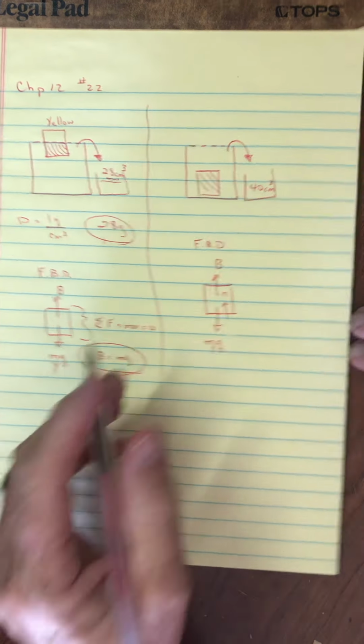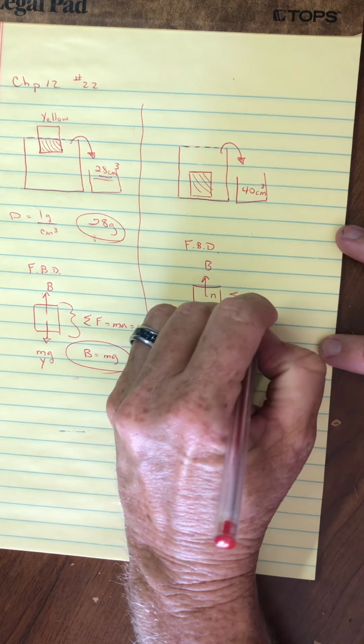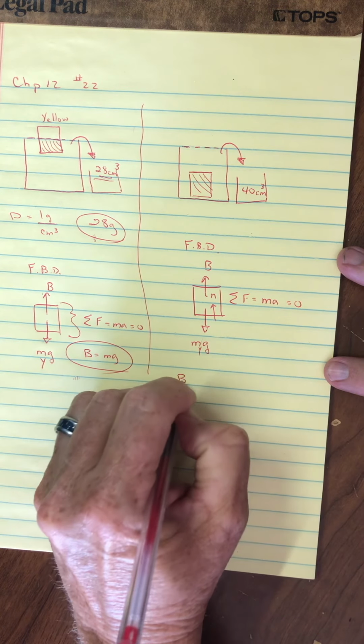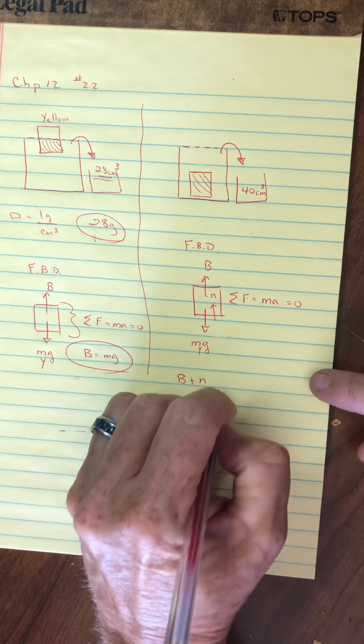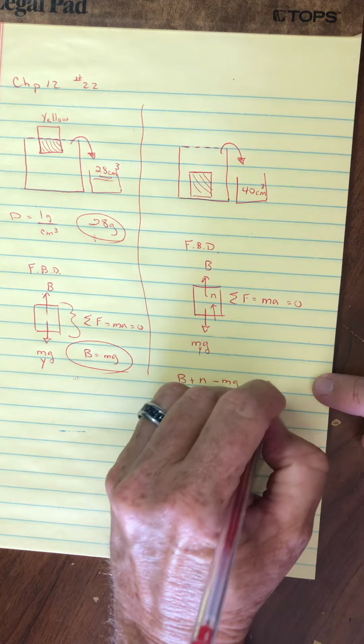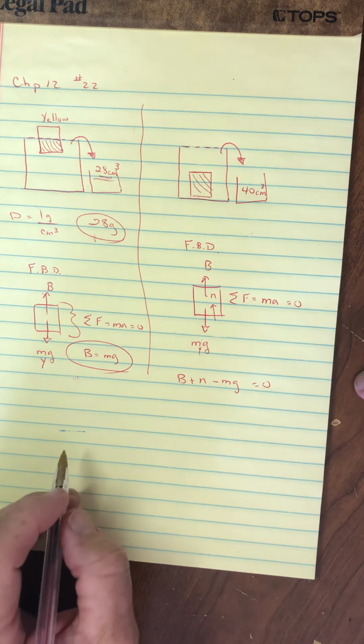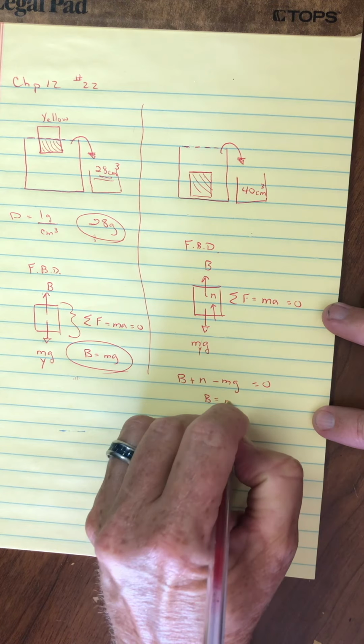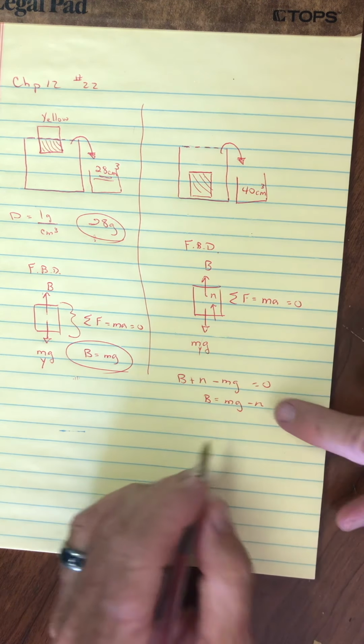And so now it settles out. The sum of the forces equaling ma, which has to be 0, tells me that the buoyant force plus the normal force minus mg has to be 0. So the buoyant force would be mg minus whatever that normal force is.